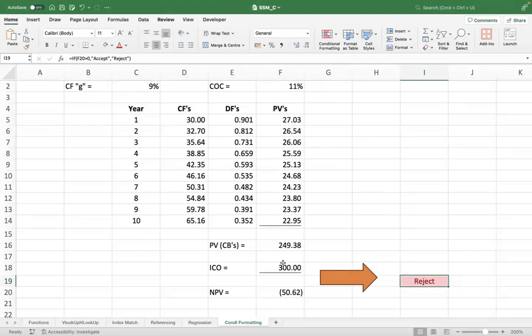Suppose the project would have a cash investment of 200 crores. Automatically you will see that the NPV is positive, and now you are getting an accept decision which is in green. NPV is positive and you are getting an accept decision which is in green automatically.